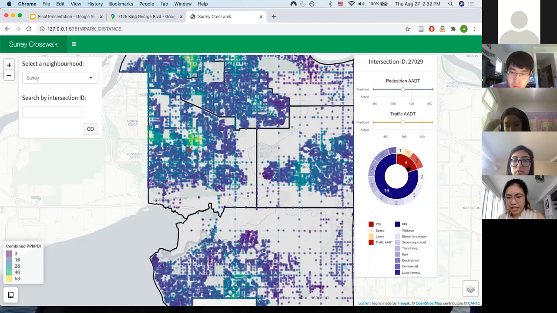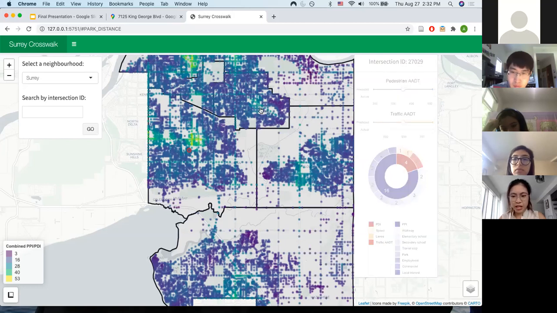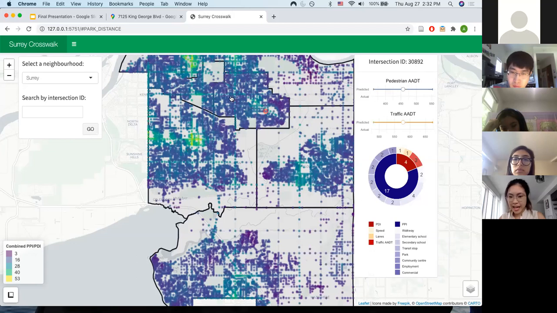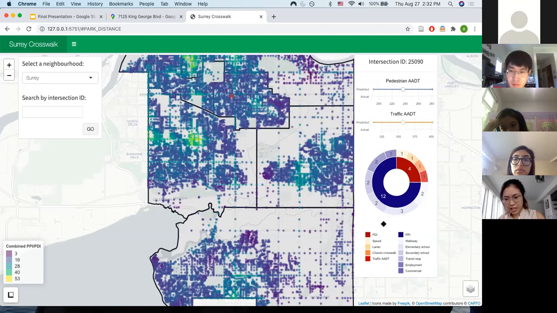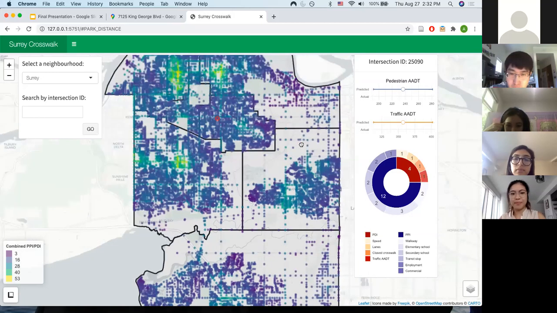And the red is the deficiency index, and similarly, we do have the variables there. Depending on which intersection you're clicking, the variables will change and the legend will change as well, showing only the variables that are present in this double donut chart. Right above it, you can see the pedestrian and the traffic AADT.